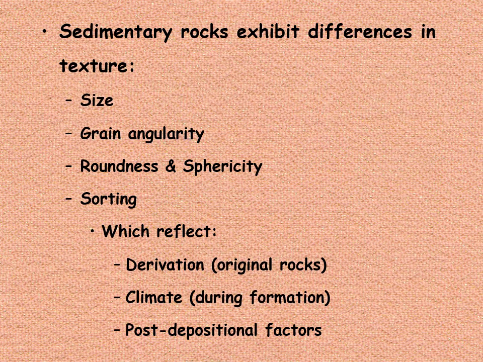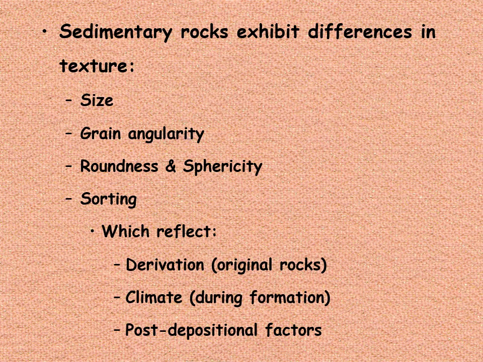Fourth is the sorting. Now, together all these textural properties reflect the process operating for the deposition of those sedimentary particles, the nature of the source rock or the parent rock, the climatic condition, the depositional environment.